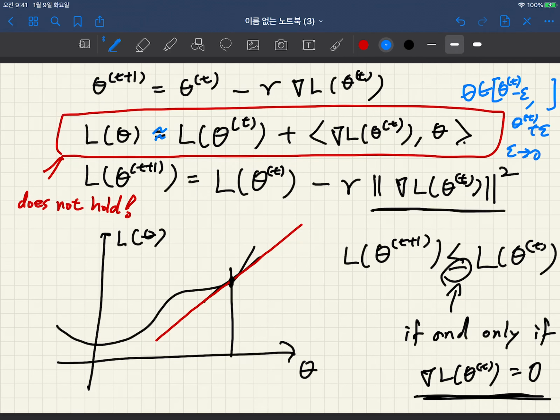But when the range becomes bigger, this equality does not hold, so we cannot guarantee the always-decreasing property anymore. So in practice, we have to very carefully control the step size or learning rate.